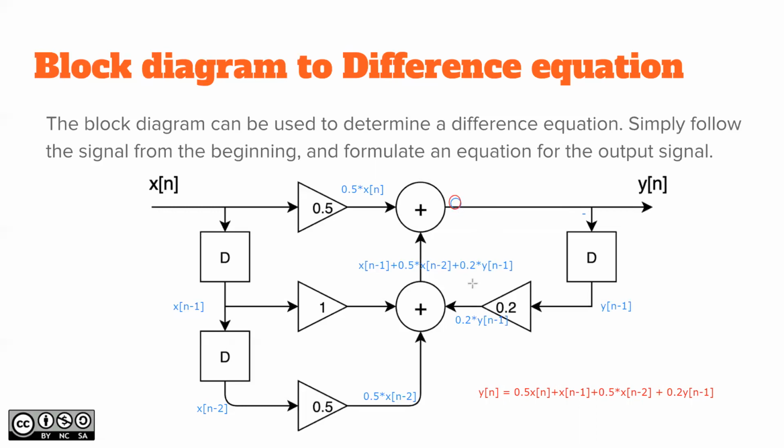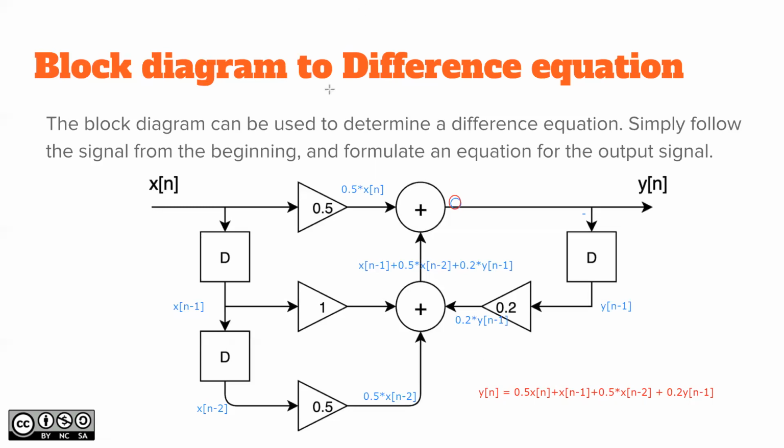Okay, so a difference equation. Remember, there are several difference equations which are doing the same thing. The block diagram shows how to do it. The difference equation shows how to implement it. The difference equation gives a calculation formula.